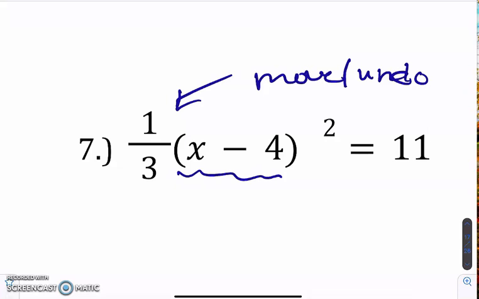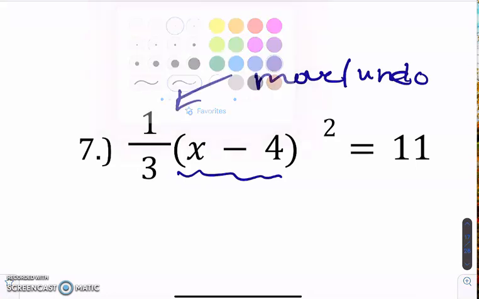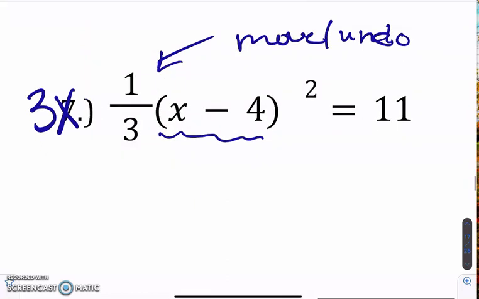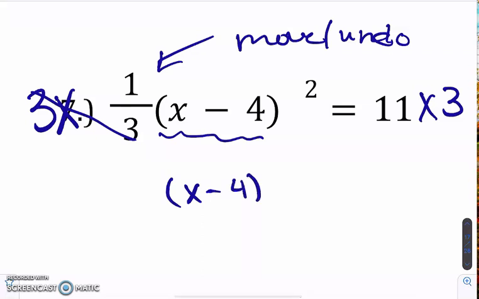Whatever's in that denominator, because that's what we're really dividing by, multiplying by a third is like dividing by 3. So if we're multiplying by 1/3, we're just going to undo that by multiplying both sides by 3. That will undo this, leave you with just x minus 4 squared. 11 times 3 is 33.